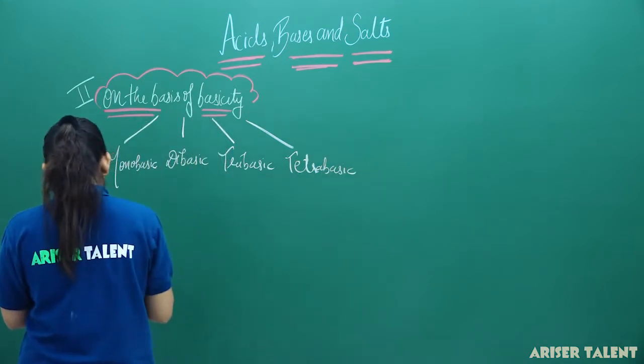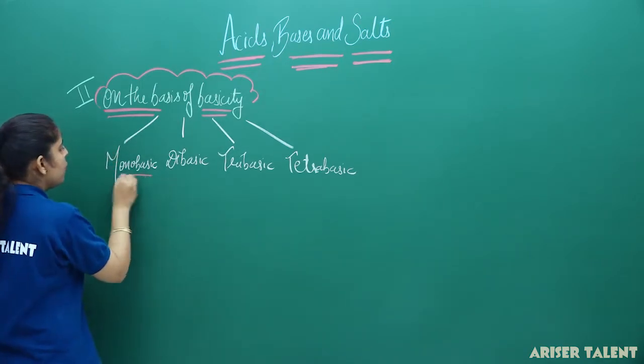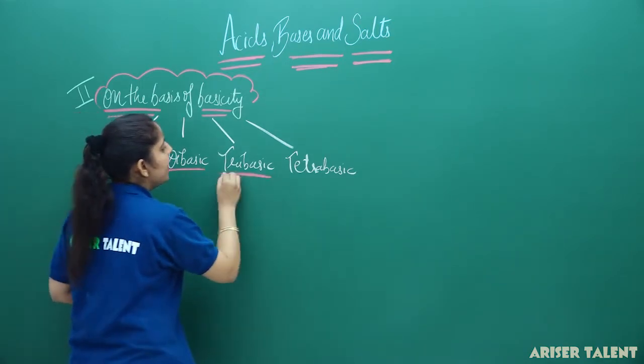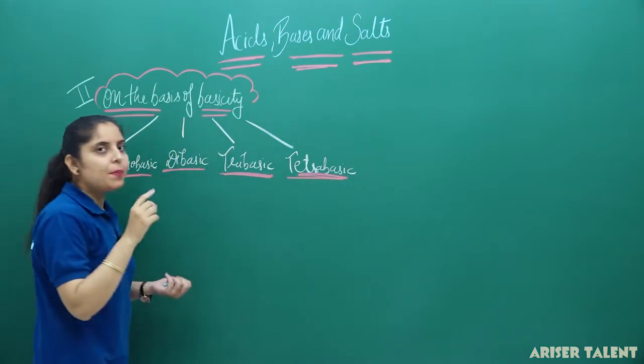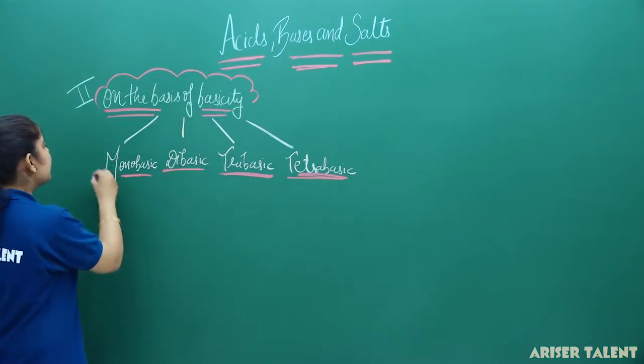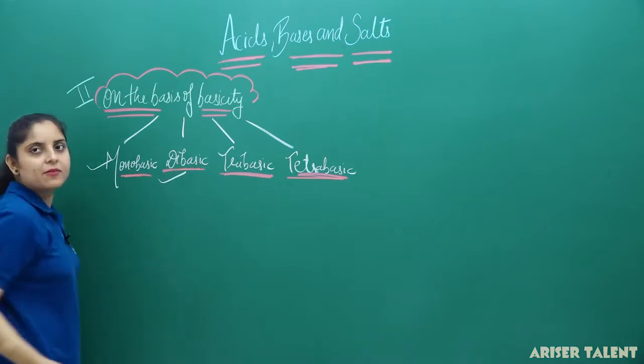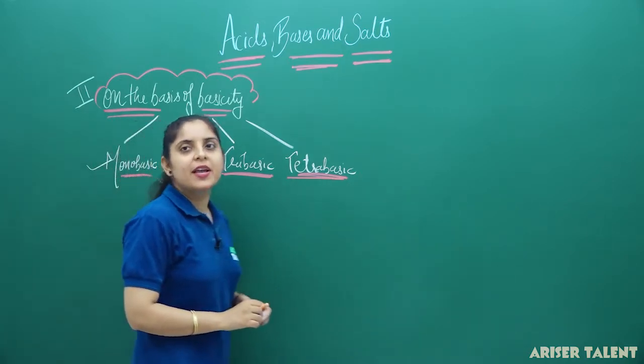Clear? These are the 4 categories of acids. In our previous lecture, we have already discussed the monobasic and dibasic one. So let's do a quick revision here.